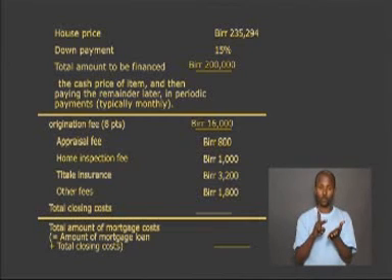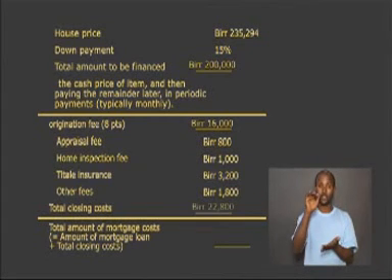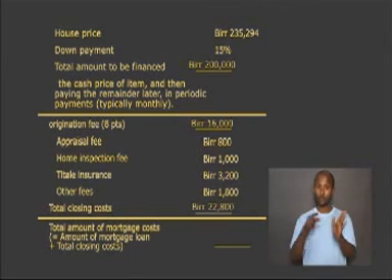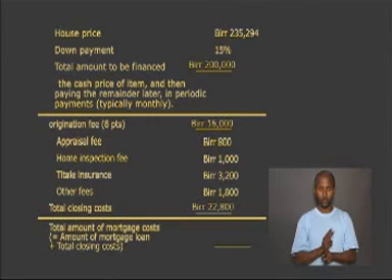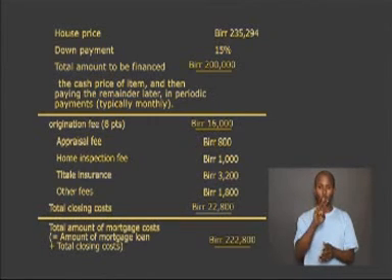His total closing costs are 22,800 birr. This means that the total amount of Bakala's mortgage loan is 222,800 birr.